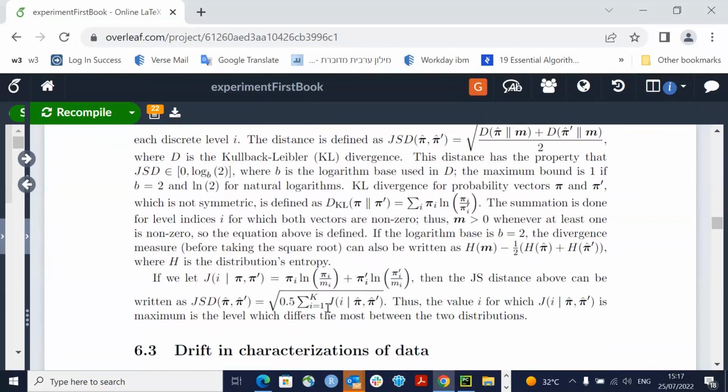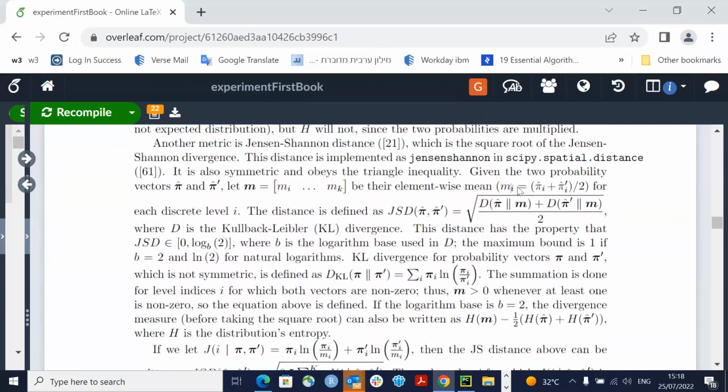Can you explain the M_i a bit more? The M_i is the average of the category frequencies in the baseline and the observed. Only on the things that have intersection, right?